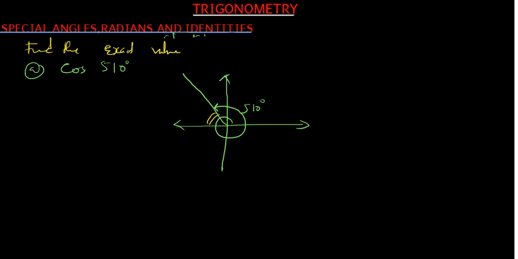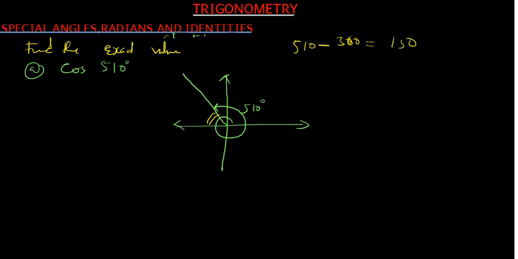So this is the angle associated with the x-axis. So how do we do it? How are we able to find that acute angle? So all we are going to do, remember we took first one complete revolution. So from 510, we are going to remove 360. So that is going to give us 150.